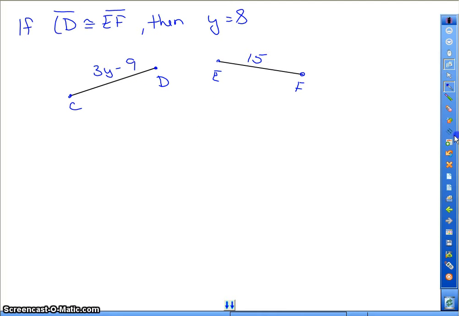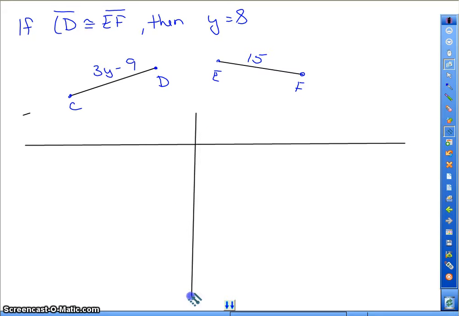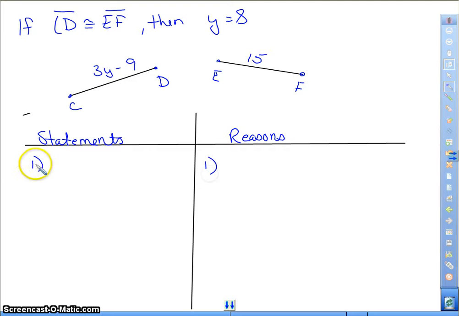Now like I said, your geometric proofs tonight are going to be pretty algebraic. That's how we want to start off, with something that you're going to be familiar with. So here are my statements and my reasons. And as always, we're starting with our given, and our given is that CD is congruent to EF.